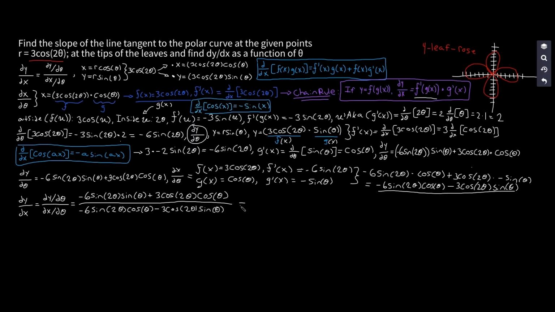Now, for aesthetic purposes, if we want to put the coefficients in descending order, we could write 3 cosine of 2 theta times cosine of theta. Sorry guys, it's kind of hard to write fast because I got a mouse. But also maybe it's good for information retention, right? Who knows? Minus sine of 2 theta.